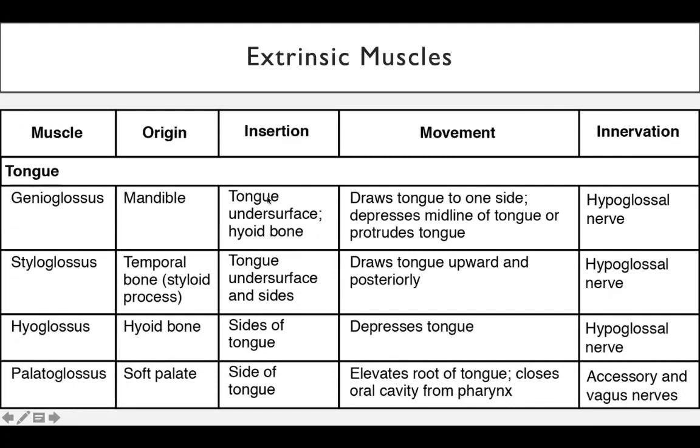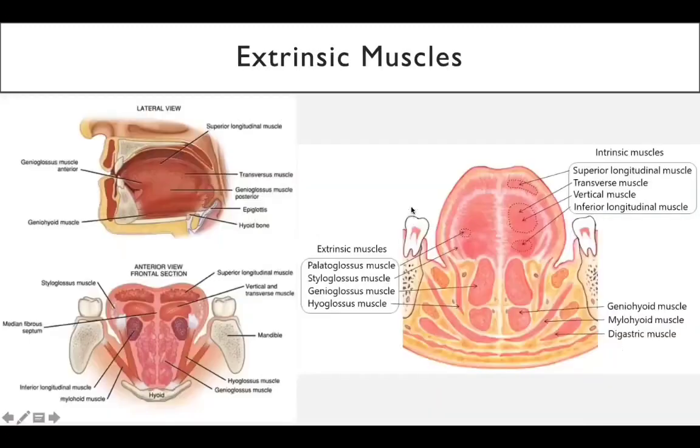I hope all of you have an idea by now. So these are again extrinsic muscles. Here is the coronal section: palatoglossus, styloglossus apart here, and then genioglossus, major belly, minor belly, and hyoglossus towards the outer side of the genioglossus.